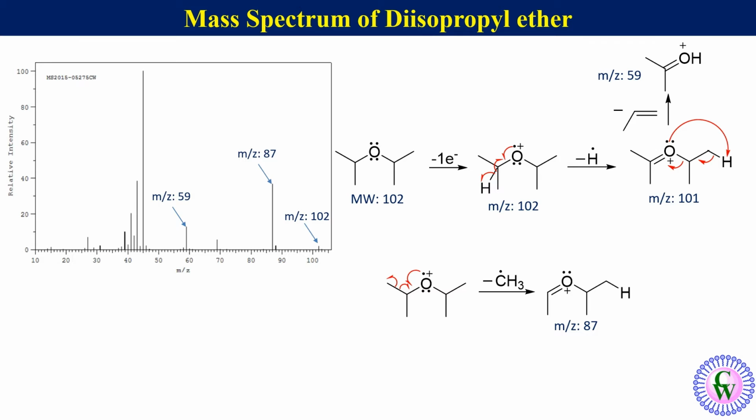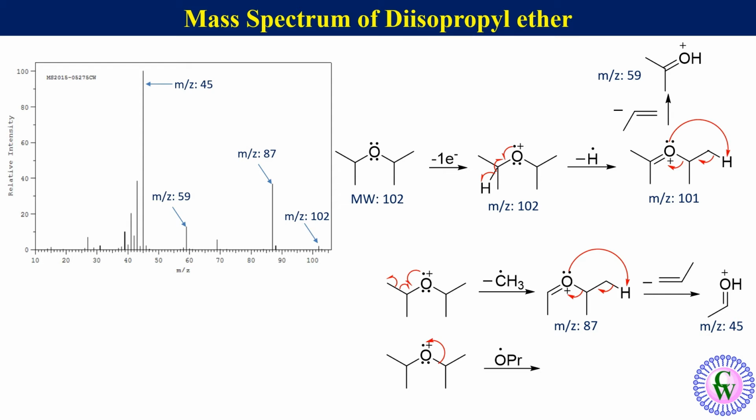It has beta hydrogen, so beta elimination like this will give propylene and protonated acetaldehyde with M by Z 45. The parent ion undergoes alpha cleavage like this to produce propoxy radical and isopropyl carbocation with M by Z 43.